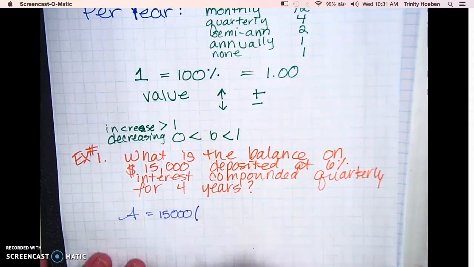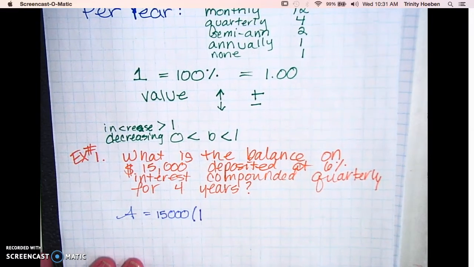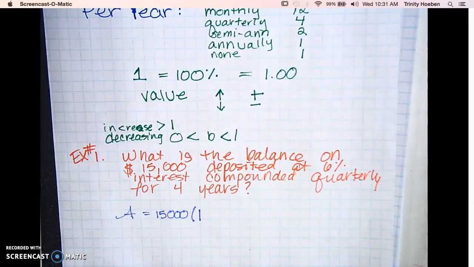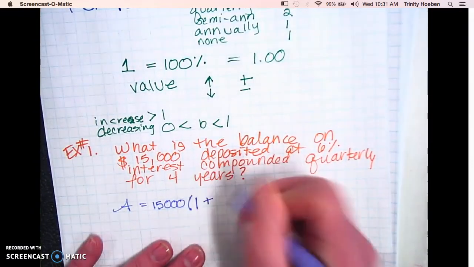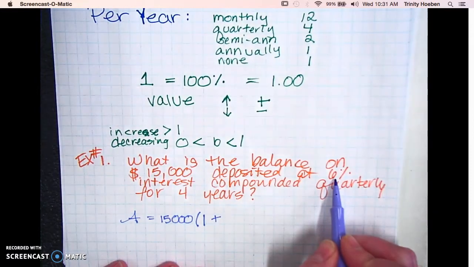And then we're going to multiply that by 1, and then we need to decide, is this investment growing or is this investment decreasing? It's growing. Yeah, we're depositing it into an account at the bank, and we're going to earn money on it, right? So it's going to be plus, and this one is 6%.